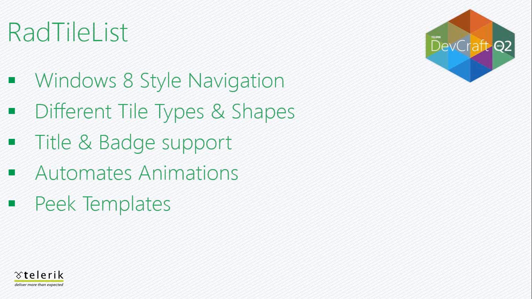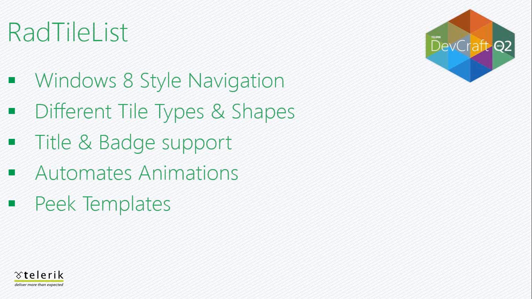We give you different tile types and shapes. Basically, there are 2 shapes and around 5 tile types. We'll take a look at all of them. We also provide title and badge support. The title is what comes on the bottom of the tile, and the badge is in the bottom right-hand corner of the tile, where we can show a count.